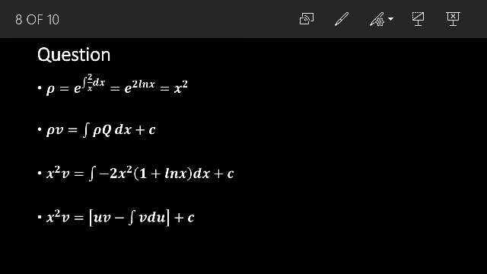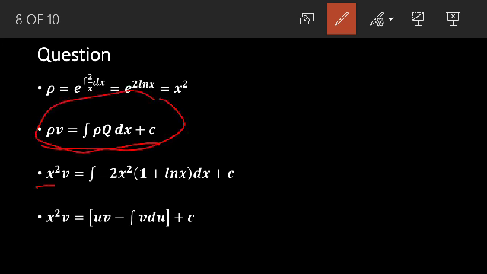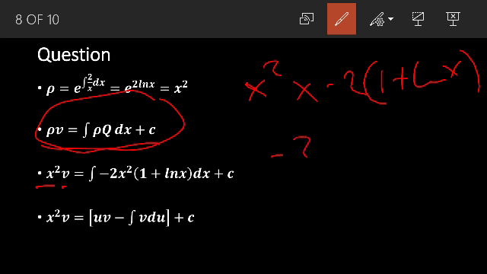Going back to the solution of a first order linear equation, our integrating factor rho is x squared, then you have your v, then your integrating factor x squared multiplied by your q, which is minus 2 into 1 plus ln x.